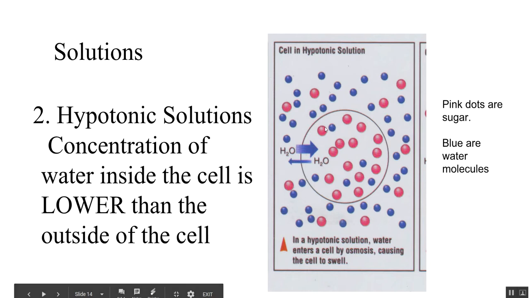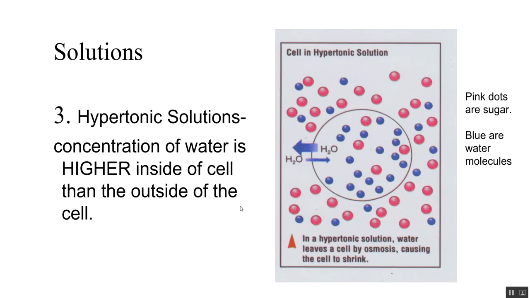So if we look in here, there's a lot more sugar on the inside, less water. On the outside, less sugar, more water. So the cell, again, doesn't like that. So we have a lot more water coming in. Some is still going out because, again, things are constantly moving. So some in, a lot in, a little bit out.